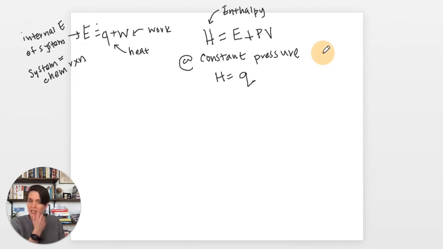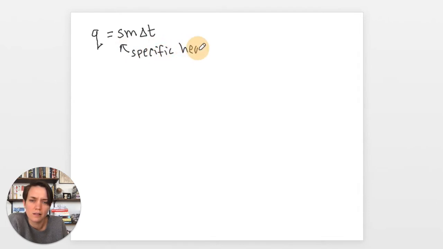Okay, so then we found one way of determining what Q is, or the heat of a reaction, and that was when we started working with our calorimetry problems, and I think there was a problem with an iron bar being heated up and then allowed to cool. So Q is equal to Sm delta T, where S is the specific heat of a material.